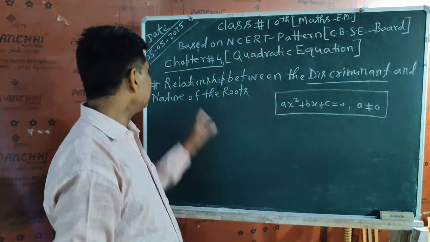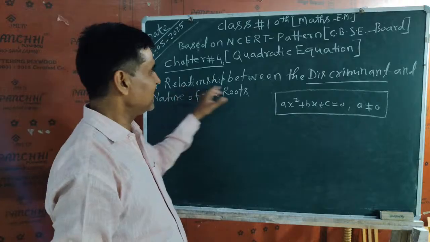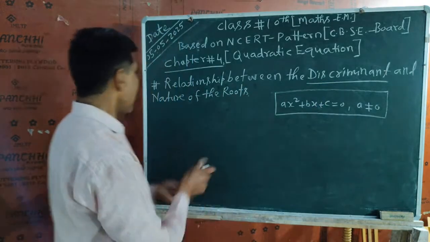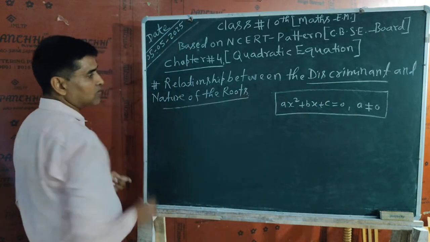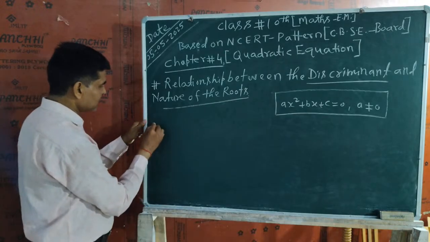Here I am going to explain the relationship between discriminant and nature of the root. Here I will say condition number 1.